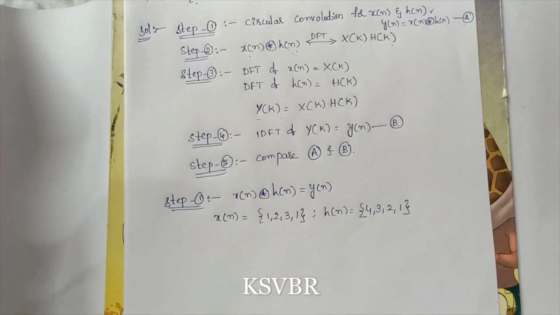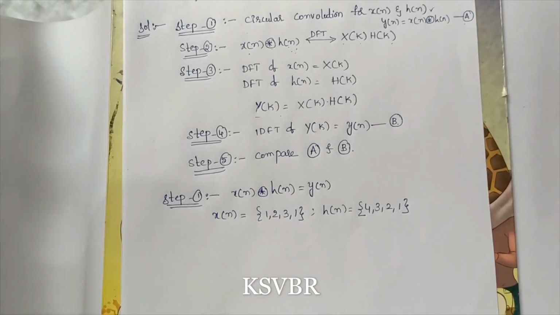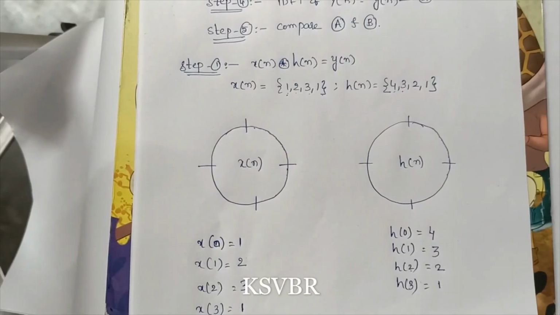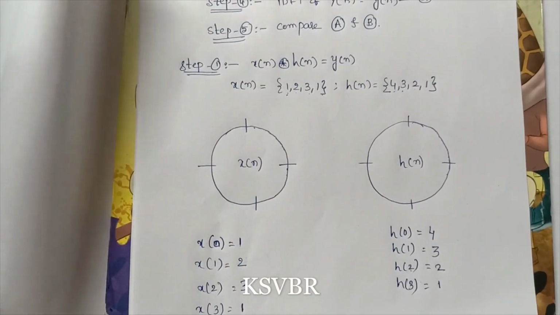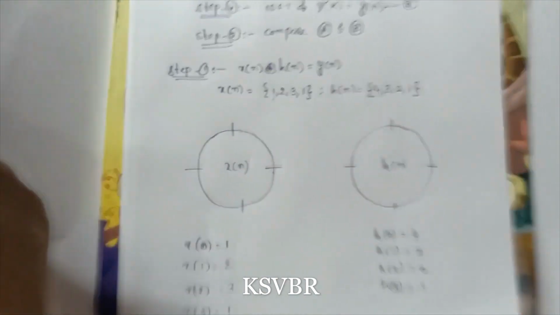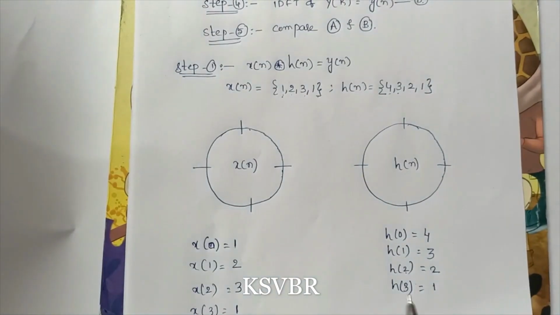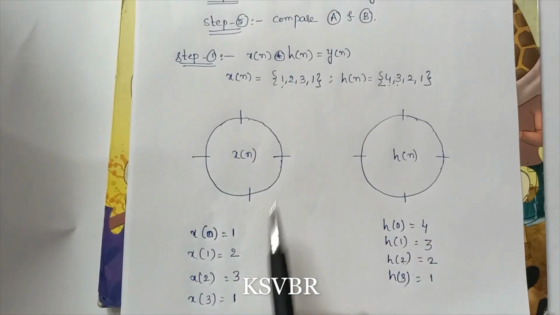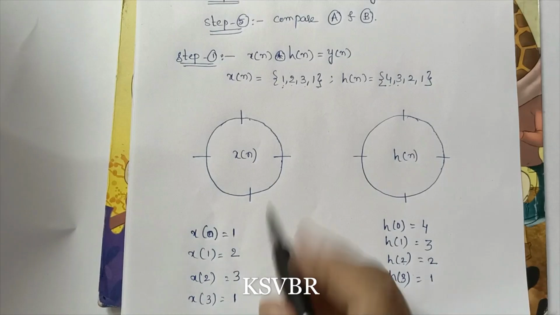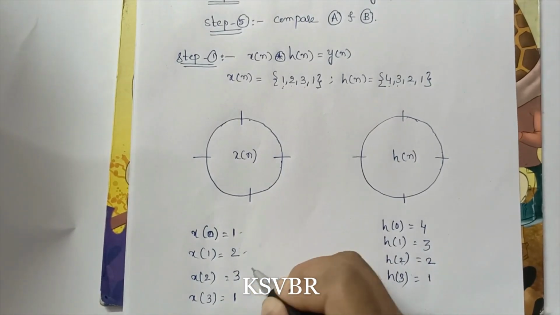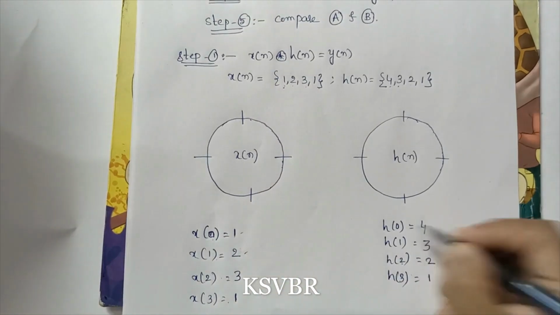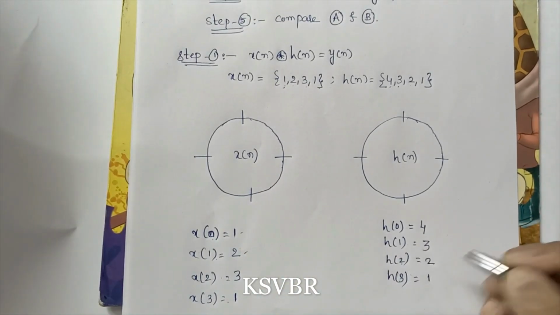We know how to do circular convolution, right? Here I took a circle. I have divided it into 4 parts and written all the samples: x of 0, x of 1, x of 2, x of 3, h of 0, h of 1, h of 2, h of 3, like that.